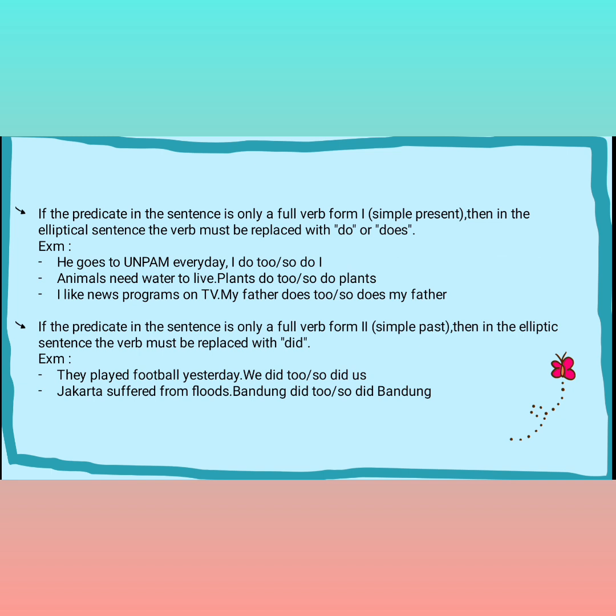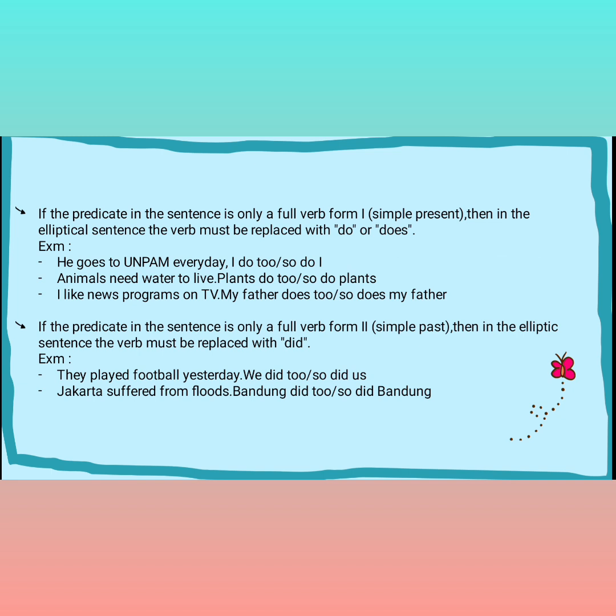Example: He goes to Unpam every day, I do too, or so do I. Example 2: Animals need water to live, plants do too, or so do plants. Example 3: I like news programs on TV. My father does too, or so does my father.